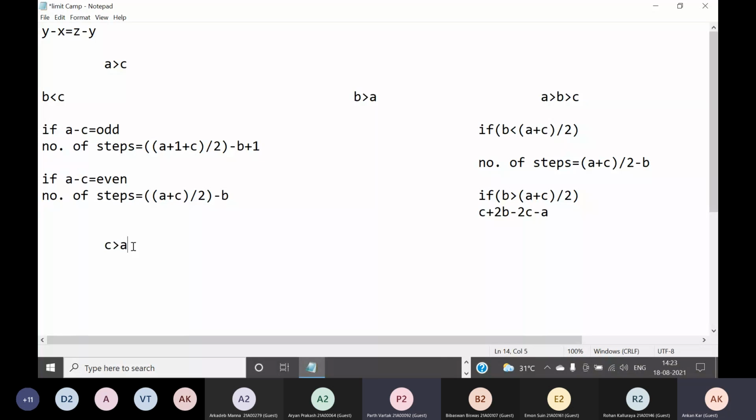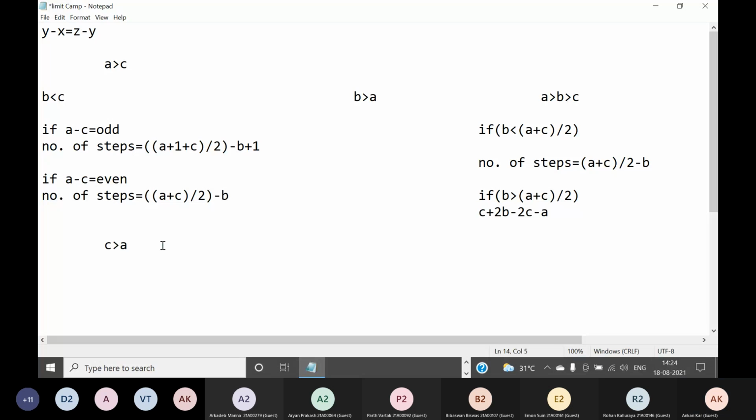Is the AP allowed to be decreasing? Yeah, it's allowed to be decreasing. Okay, sir. So then it's the same thing. Yeah, it's the same thing. If you want to use the same formula, you can just interchange A and C. It's not reflection anymore. It's only interchange A and C.